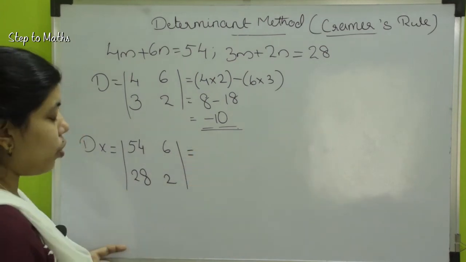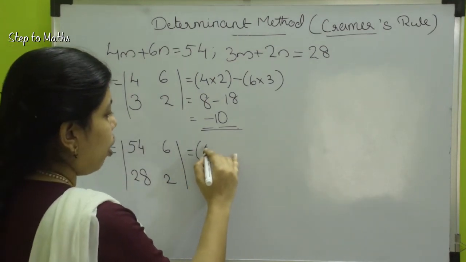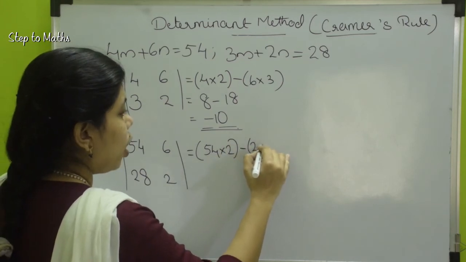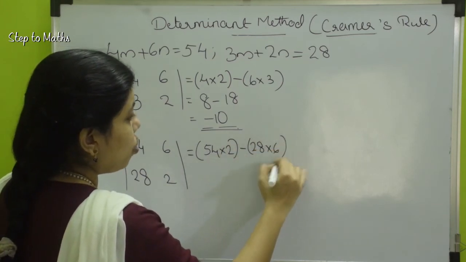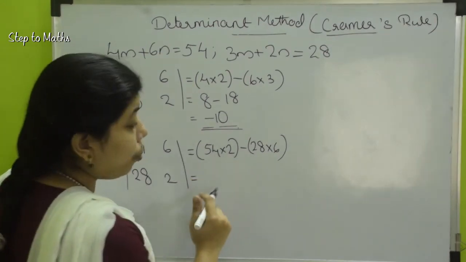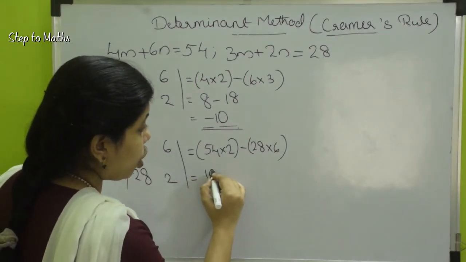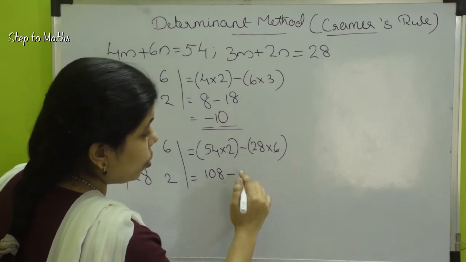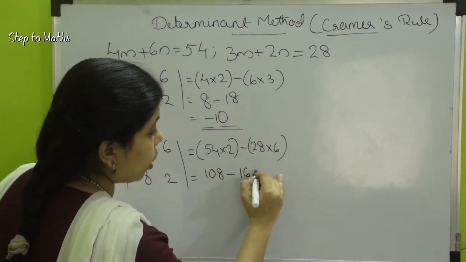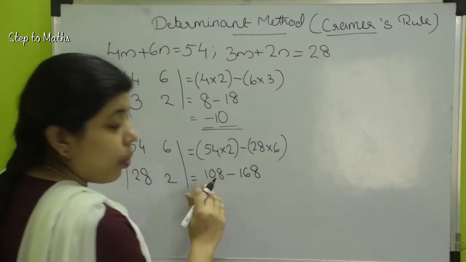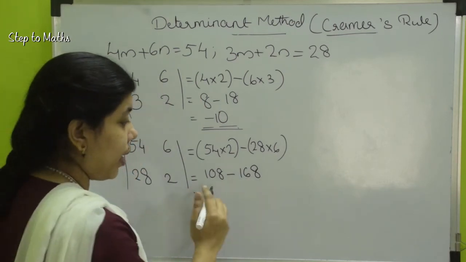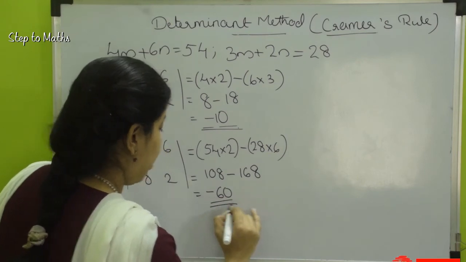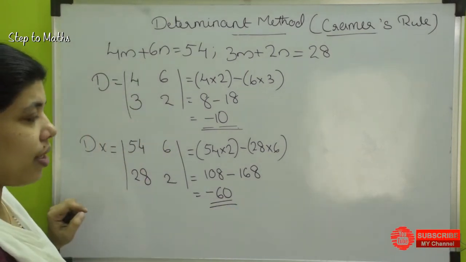Now find out the values. 54 into 2 minus 28 into 6. 54 into 2 is 108 minus 28 into 6, 168. 108 minus 168 becomes minus 60. The value of dx is minus 60.